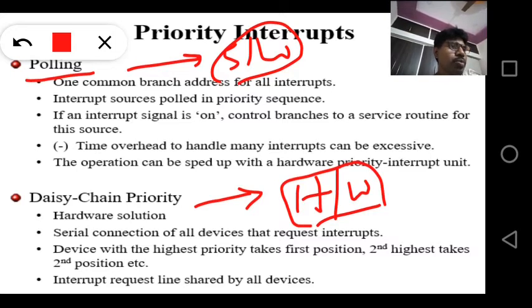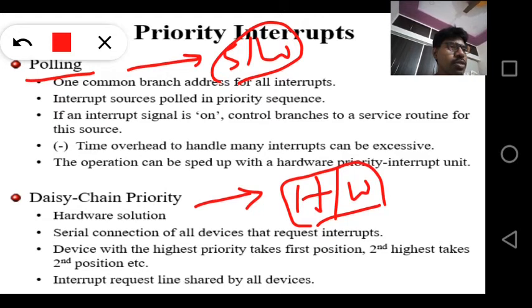Polling means the processor asks the IO interface or device controller, do you have any interrupt? The processor voluntarily asks. If an interrupt signal is on, the control branches to a service routine for this source.